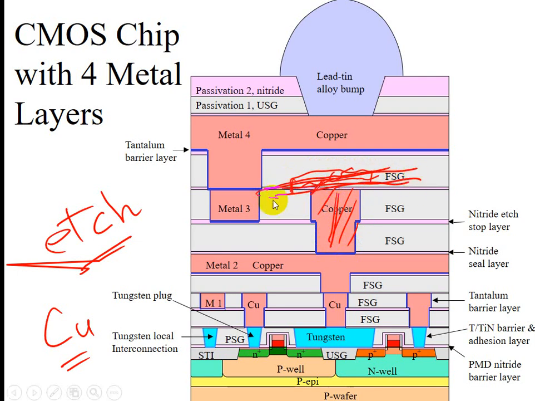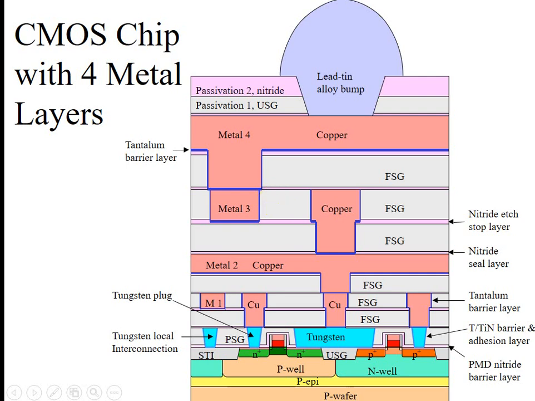So you can see a lot of horizontal lines here. That means grinding and polishing process. Okay, because the excess copper cannot be etched away. It has to be ground and polished away.